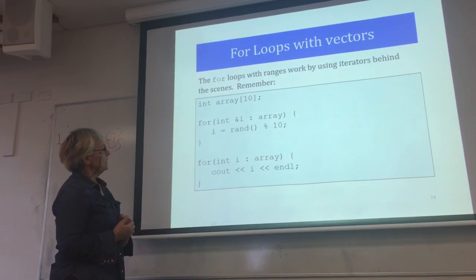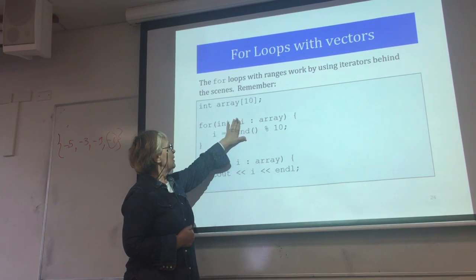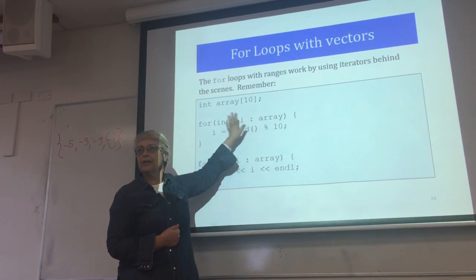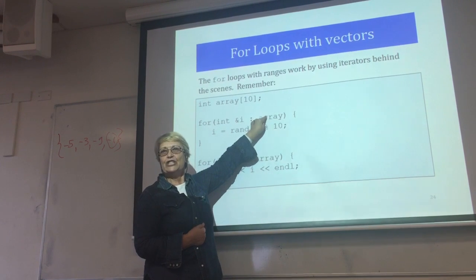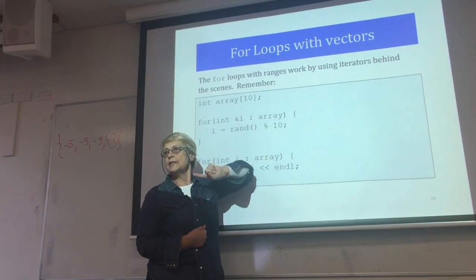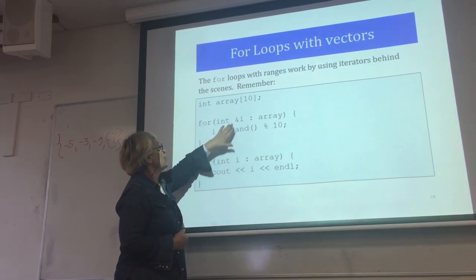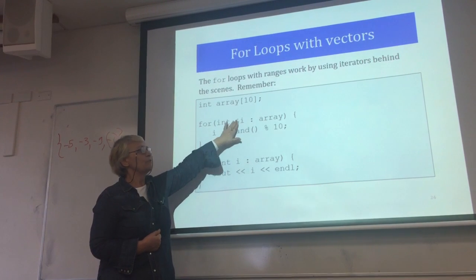Now be aware that with this notation, you introduce a variable in this scope. I, it's a variable which is matching each element in the array, not the index, the element itself. And because it's a new variable, you can pass it by value or by reference.